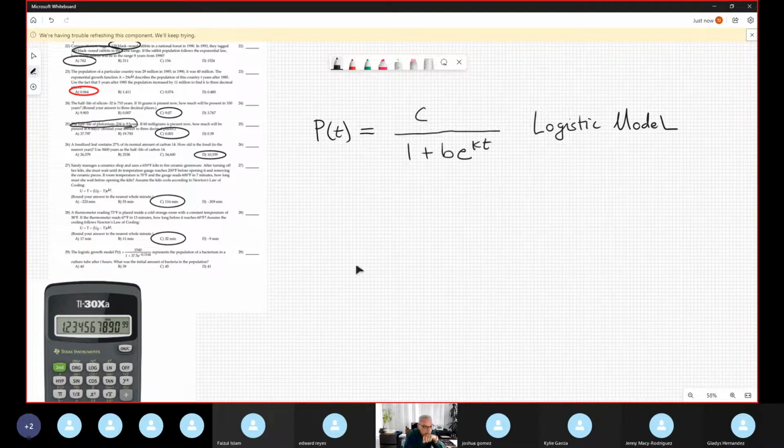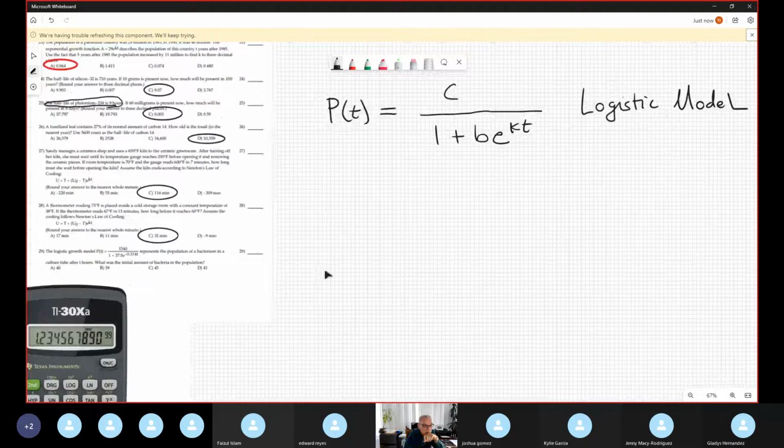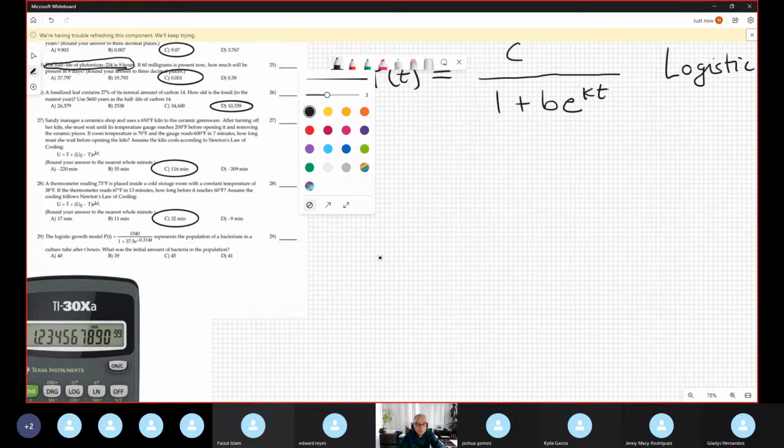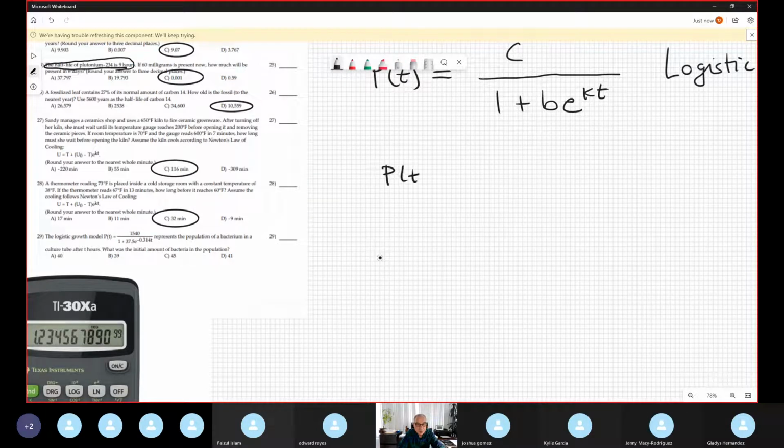Let me show you this. The logistic growth model gives the population at any time. In this problem, 1,540 is the carrying capacity.